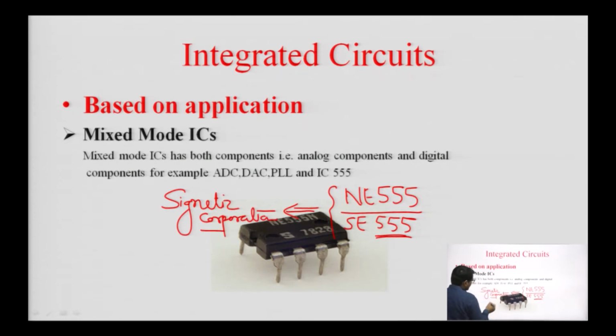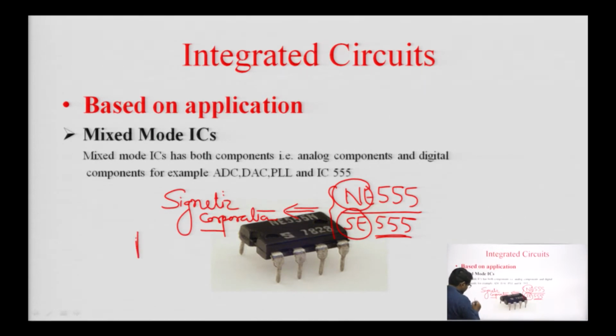These are the MNCs which make the chip or IC. और जितने भी अगर सिग्नेटिक कॉर्पोरेशन कोई IC बनाती है तो हम उस IC के स्टार्ट में हम लिखते हैं NE and SC. ठीक, और फॉर एग्जांपल लेट कंसीडर दैट वन फंडामेंटल ऑफ IC, फंडामेंटल रिलेटेड टू IC नेम.